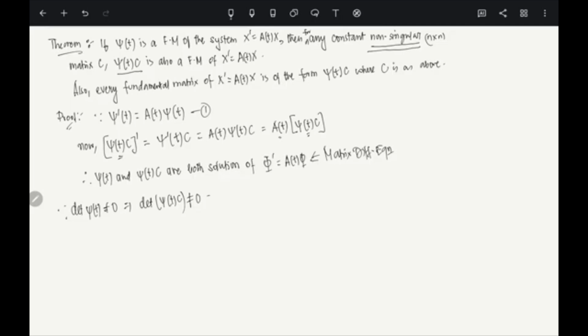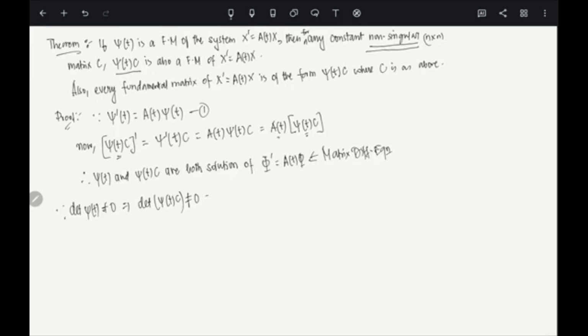So basically, phi 1 and phi 2 are two fundamental matrices, and you have to show that phi 2 is nothing but phi 1 times C. Conversely, let phi 1 of t and phi 2 of t be two fundamental matrix solutions of the system x prime equals A times x.